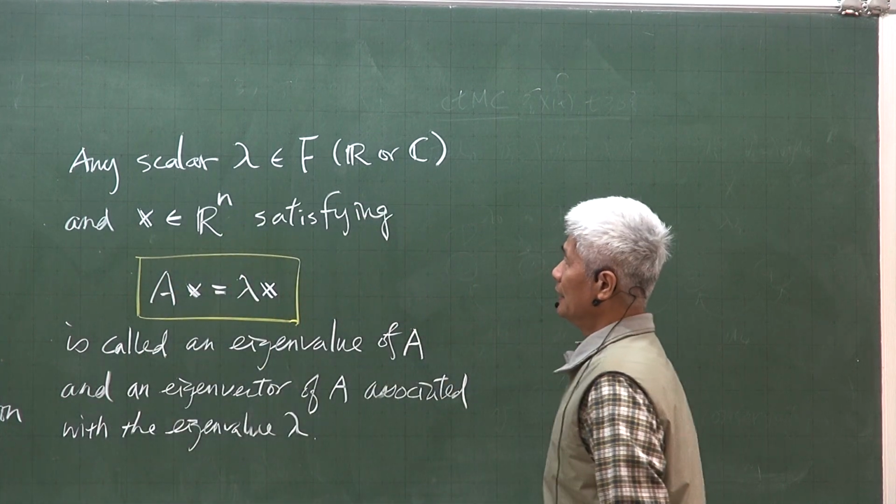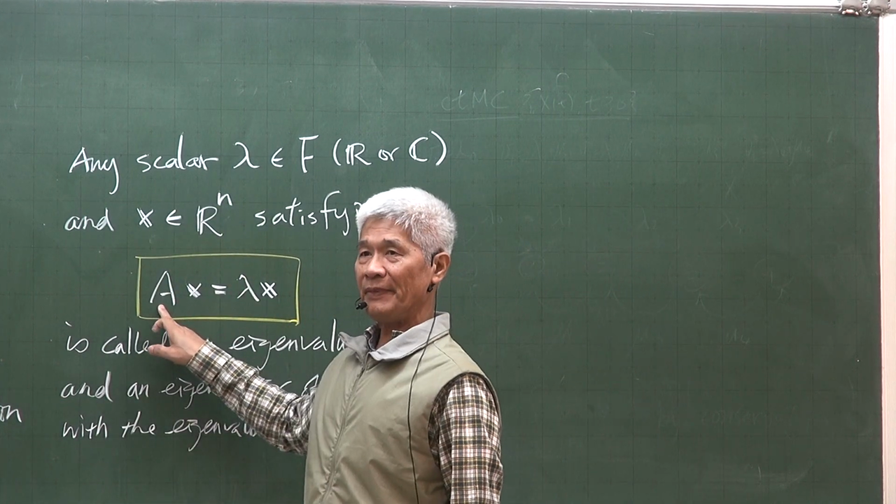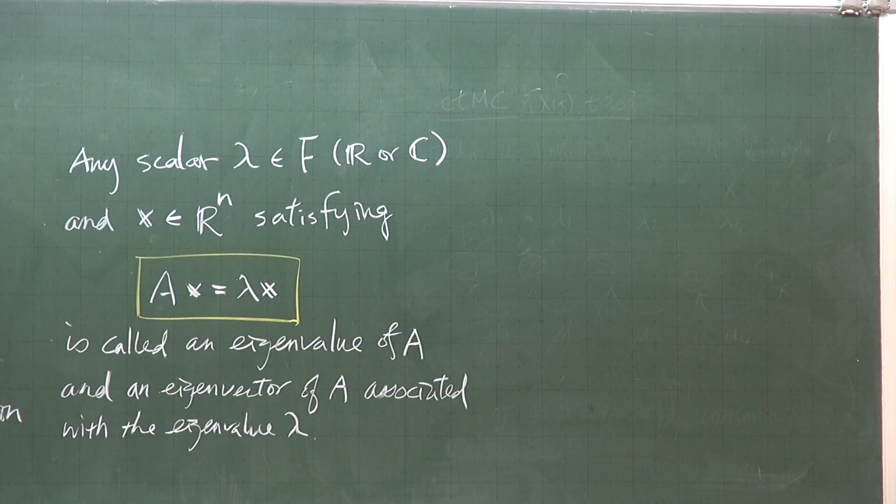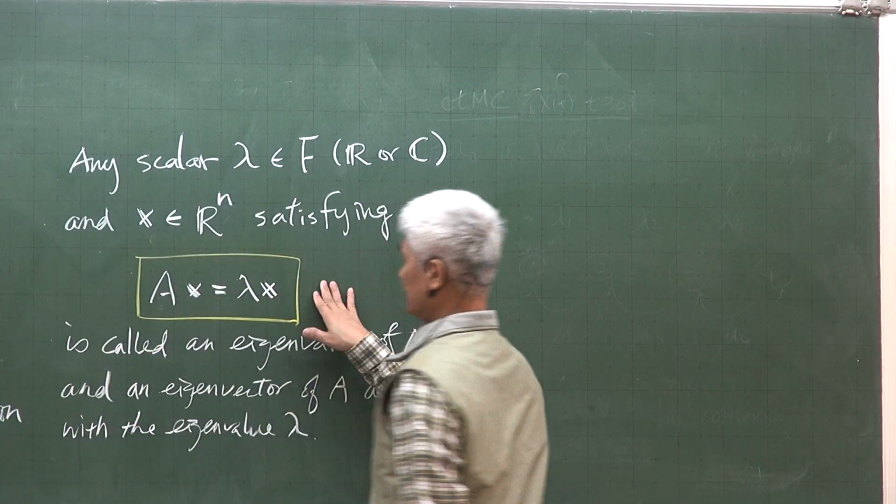All right. So we use the matrix representation A of T relative to the selected basis B, and form this eigenequation.